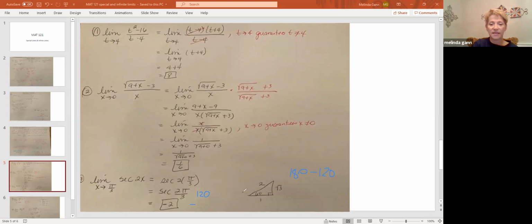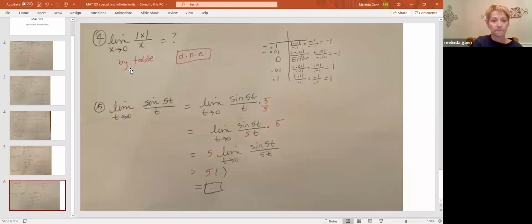So I looked at my 30, 60, 90 degree triangle, and secant, remember, is hypotenuse over adjacent. And 2 over 1 ended up being 2. So that's how I got that negative 2. So just plug the number in, if I can just plug the number in. Okay, and I got a couple more just to look at real quick. Mostly you have to just practice them. Okay, look at this one.